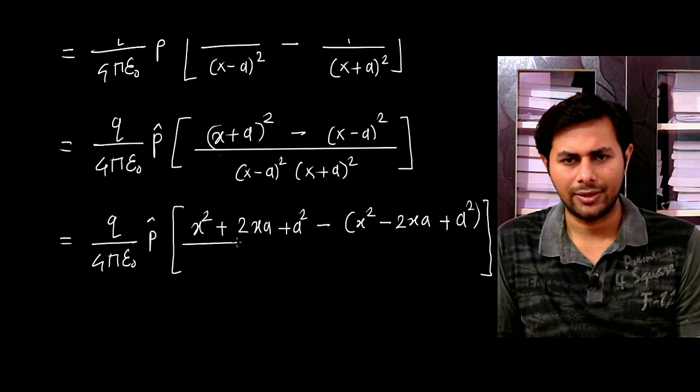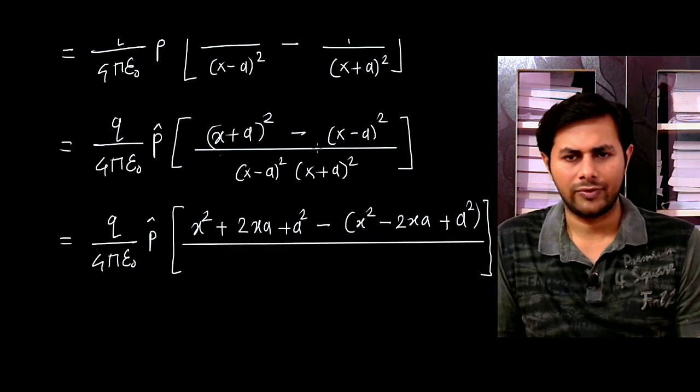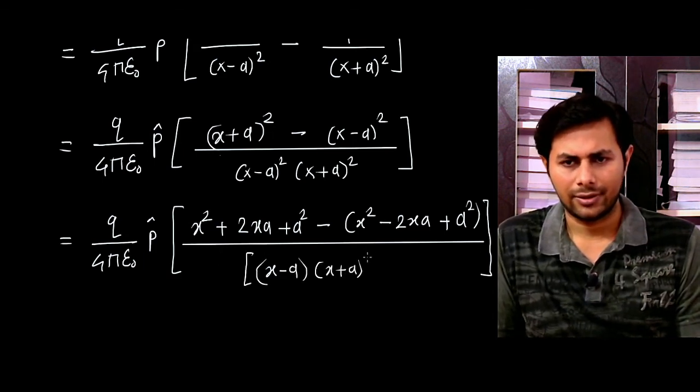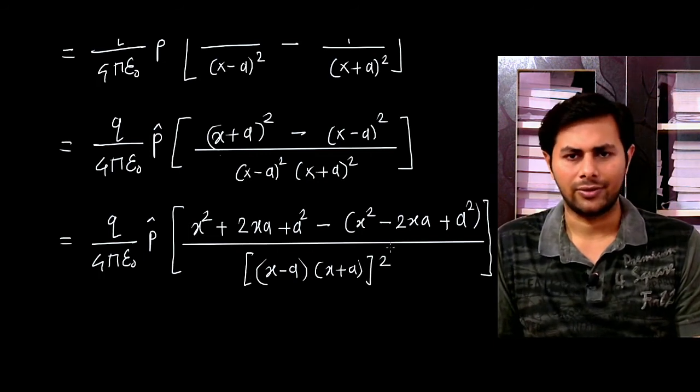And in the denominator we have the same thing, (x minus a) squared multiplied by (x plus a) squared. So I will write it as (x minus a) times (x plus a), squared. Okay.